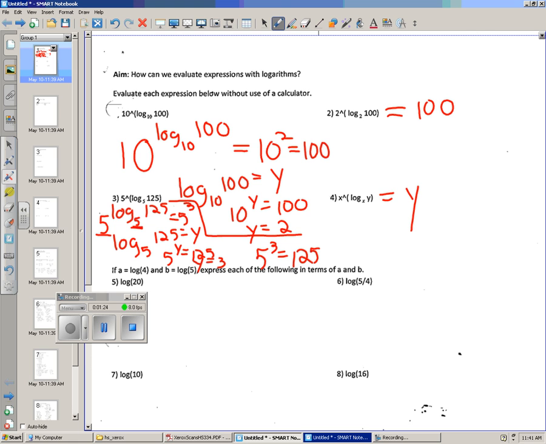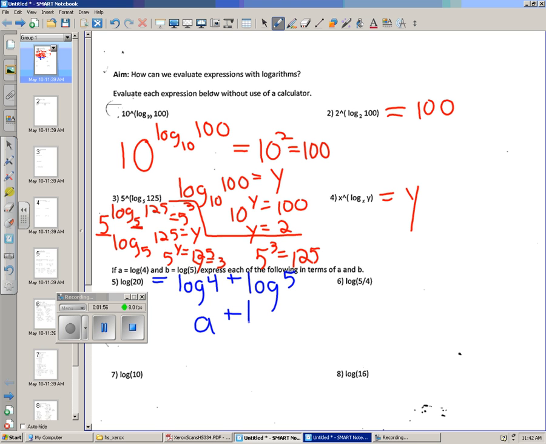Okay, now let's look at how we can use the 3 properties of logarithms. We have a bunch of questions like this, but starting with 5, we can use the properties of logarithms to rewrite these logs and then use this other information to get values. So we know that log 20 is really the same as log 4 plus log 5, because when you add logs with the same base, you put them together into 1 and multiply.